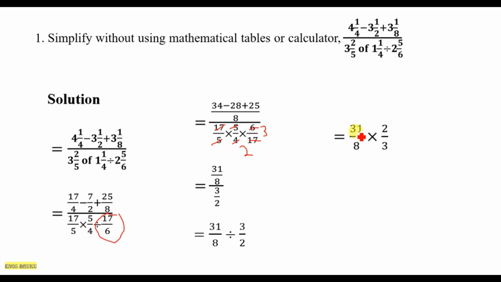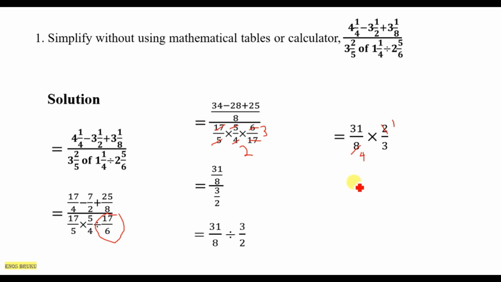Good. So now that we have this, what can we do? We realize that 2 will cancel itself once. 2 will go into 8 4 times. Can 3 divide 31? No, I don't think so.